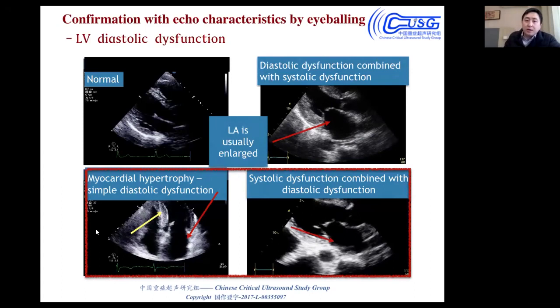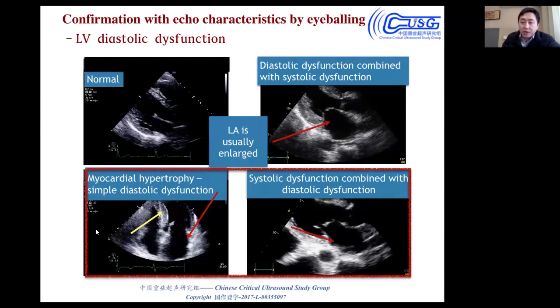Diastolic dysfunction is assessed first, and the left atrium is a key part to assess if the patient has bad diastolic dysfunction. If an enlarged left atrium is found, that means the patient has very bad diastolic dysfunction, and the patient may be at high risk of lung edema.